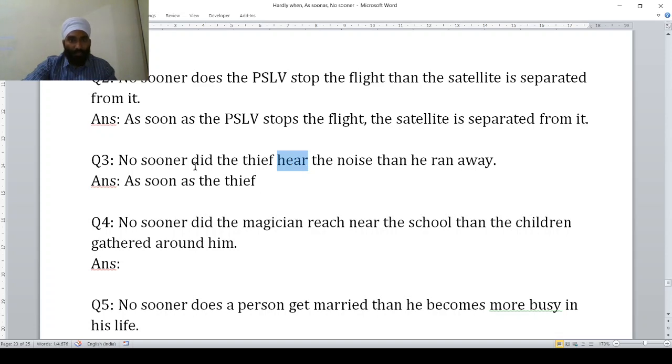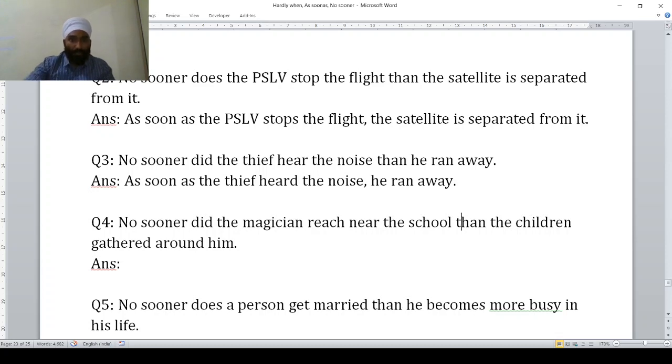As we are removing did in the sentence of as soon as, we have to add the suffix to the main verb. As soon as the thief heard the noise, comma, use a comma instead of than. Thereafter use the remaining clause as it is, away, full stop. As soon as the thief heard the noise, he ran away.